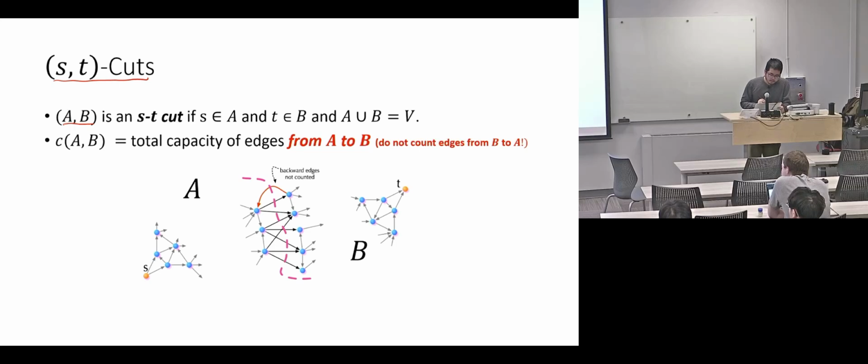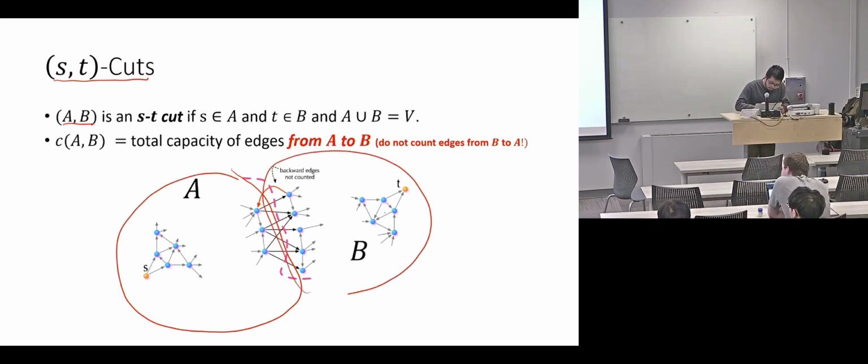Let's say that A and B is an ST cut if it's a partition of the vertex set into two sides, like this. They are disjoint, and they partition the vertex set. Okay.